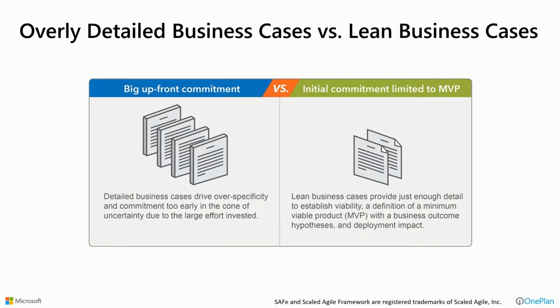Instead, have more initial commitments on lean business cases that establish just enough detail to understand the viability, a definition of what that minimum viable product would be as a starting point, with a business outcome for that minimum viable product. And then we can take it from there and make decisions based upon, did that minimum viable product return the value that we thought? And if so, it might just justify the next incremental piece of funding that we might want for the incremental adds to that minimum viable product.